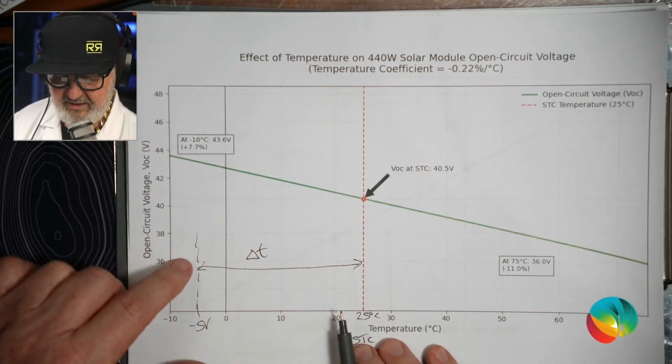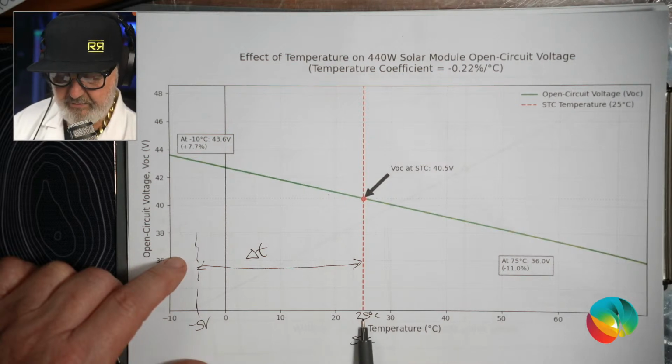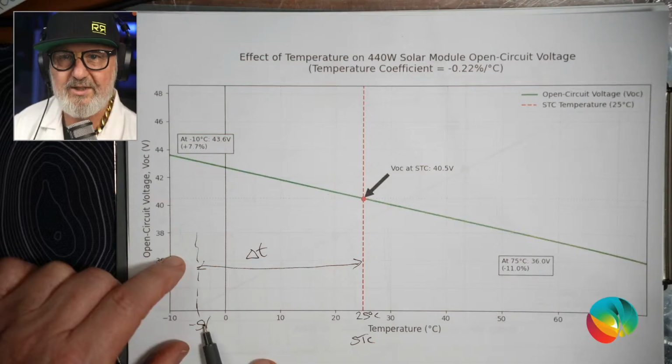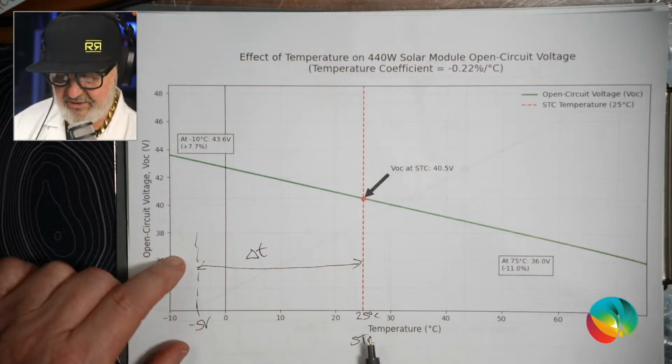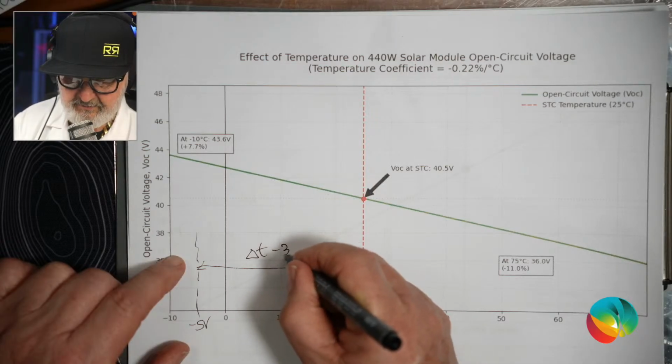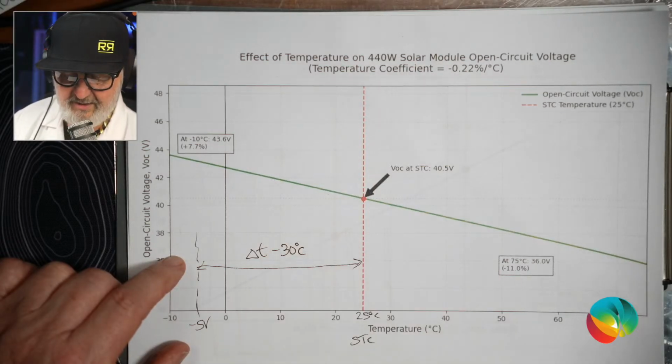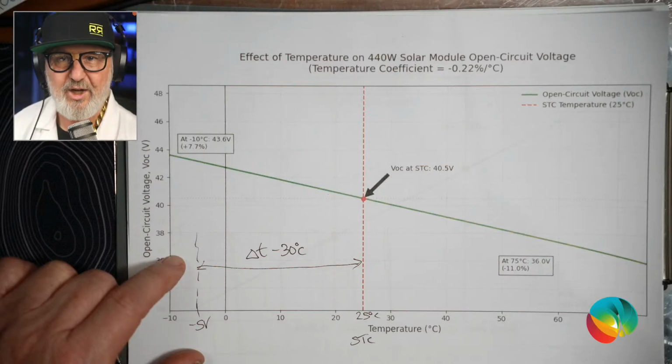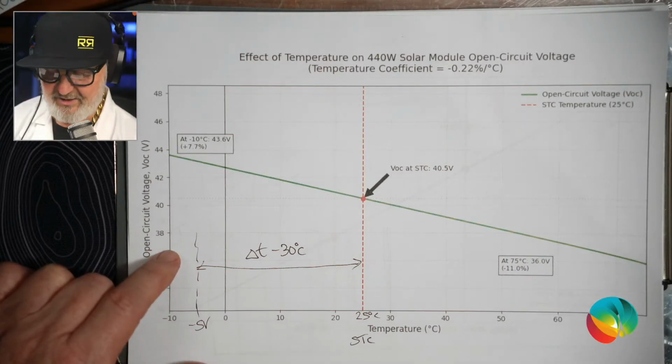Well, it's in the negative direction, so it's below test conditions. So it's actually 30 degrees below test conditions. -5 is 30 degrees below 25 degrees Celsius. So it's -30 degrees C of change. Remember, it's change. I'm not talking it's -30 degrees outside.